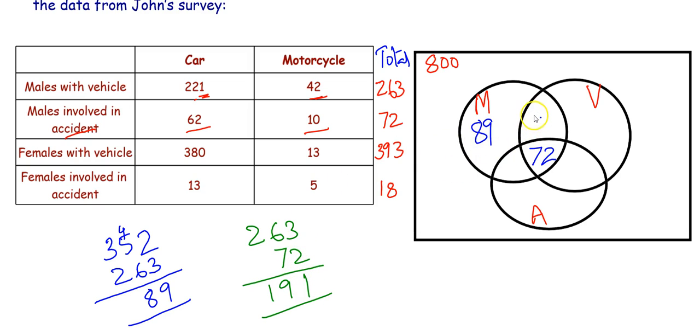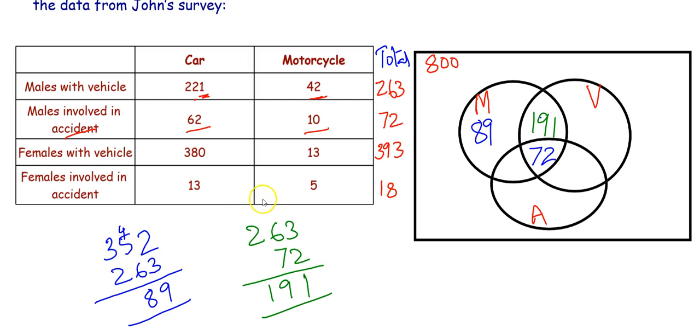That will be written here because these 191 students are the males and they are the vehicle owners. Of course, the total number of vehicle owners are 263. That 72 is separated because they were involved in accidents. So we are done with the male set. If you add these numbers 89 plus 191 plus 72, you should end up getting the total number 352 males.